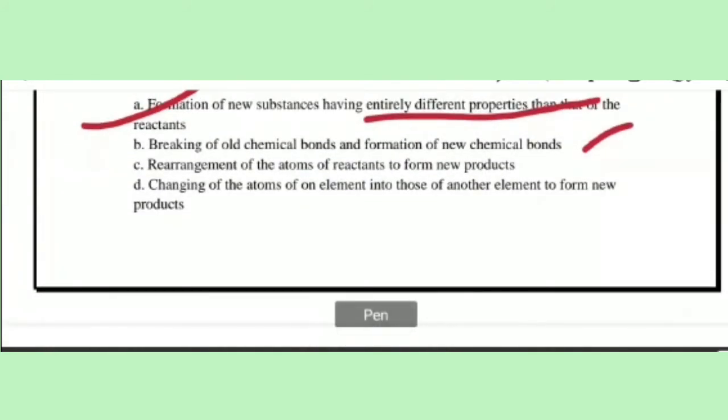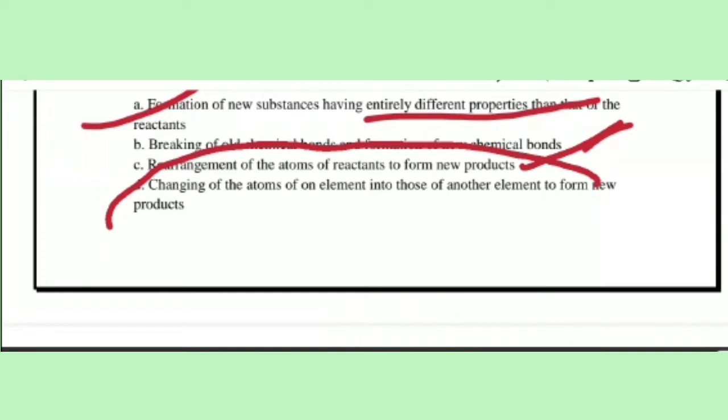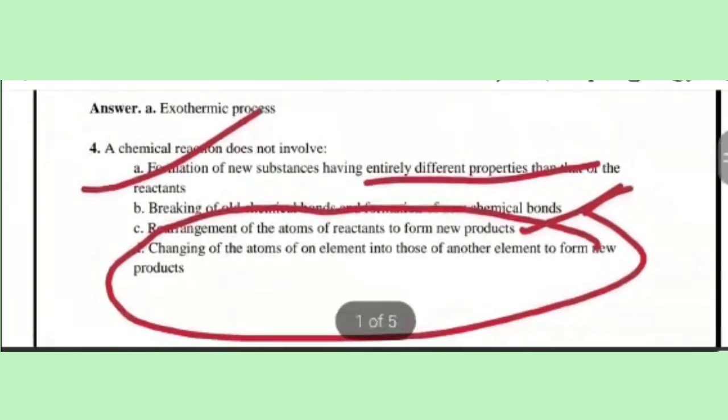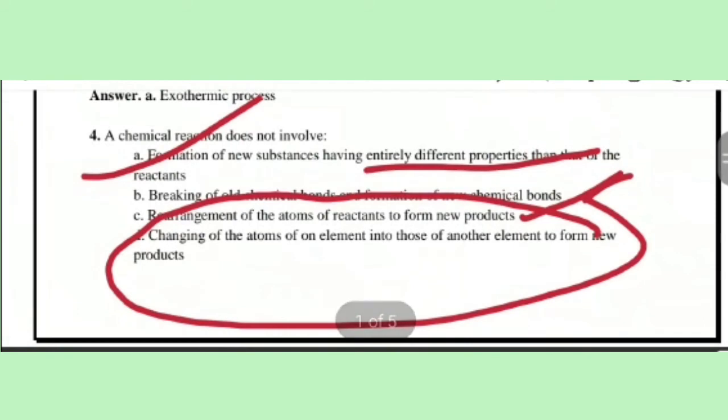In a chemical reaction, atoms of reactants and products both occur, but the atoms of an element do not change into another element. So here D option will be the correct answer. A chemical reaction does not involve this.